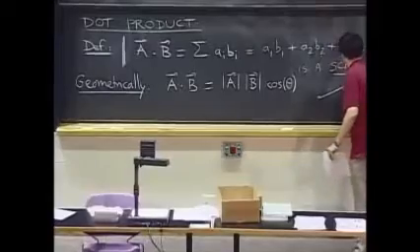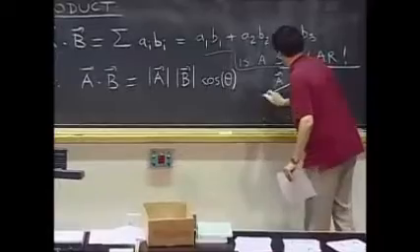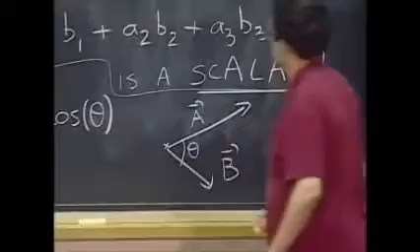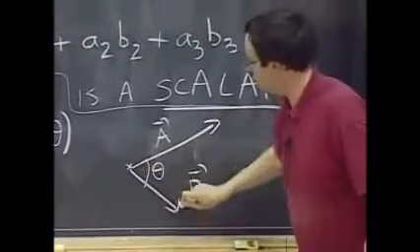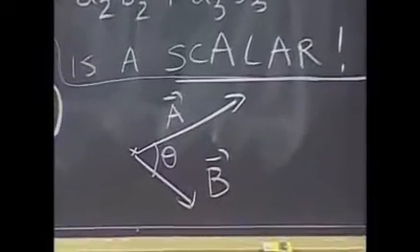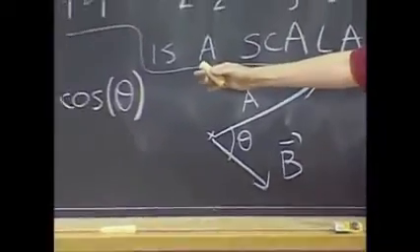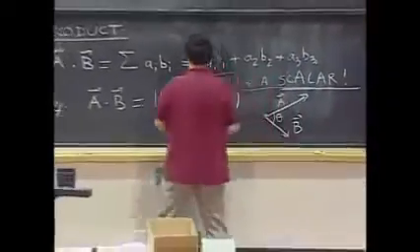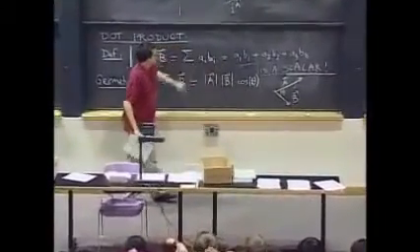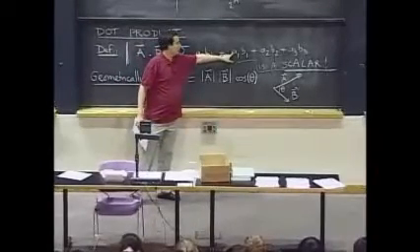So if I have my vector A, and if I have my vector B, and I have some angle between them, I multiply the length of A times the length of B times the cosine of that angle. That looks like a very artificial operation. Why would we want to do that complicated multiplication? Well, the basic answer is it tells us at the same time about lengths and about angles. And the extra bonus is that it's very easy to compute. If you have components, that formula is actually pretty easy.